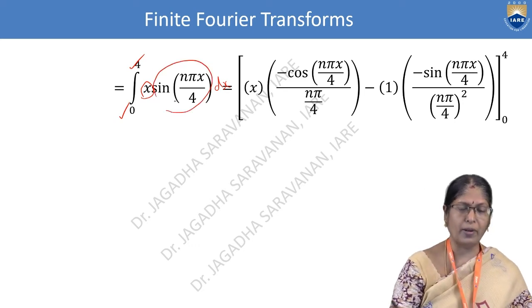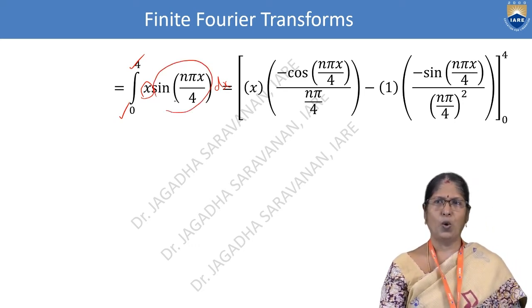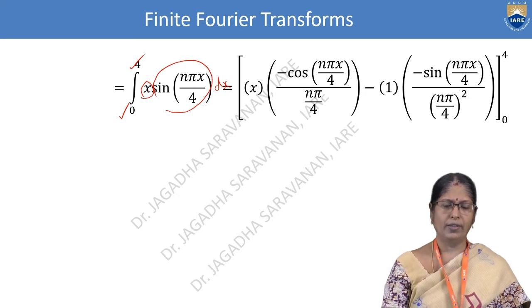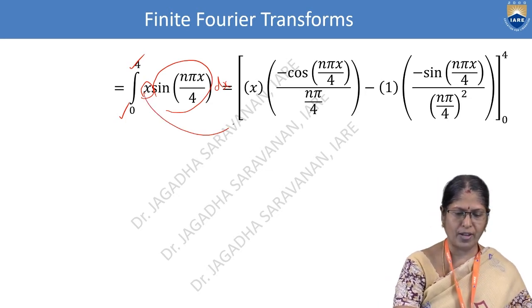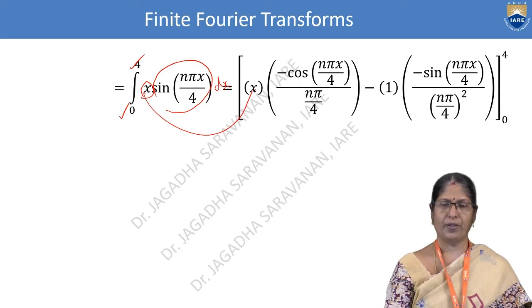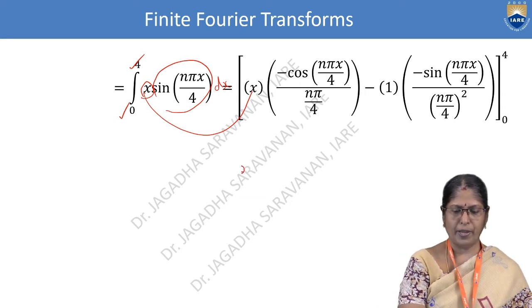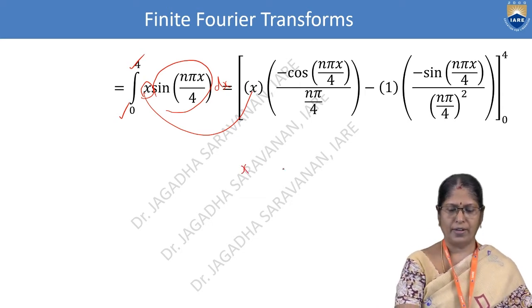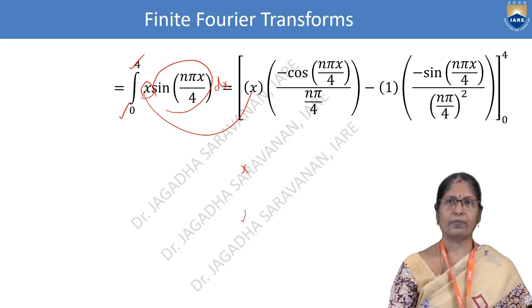Here the algebraic part and this trigonometric part. What I am going to do is write the algebraic part first, the differentiation is 1.